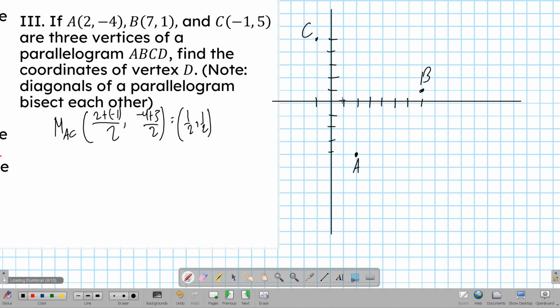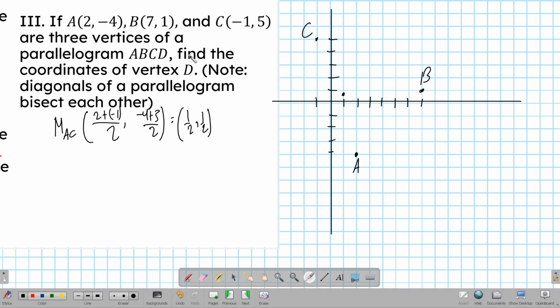So, 1/2, 1/2, ipakita lang natin mukhang ito yon. Yeah, so that's the midpoint. So, most probably, nandito ata yun. Alangan na nandito yung isang endpoint. Ito yung B.